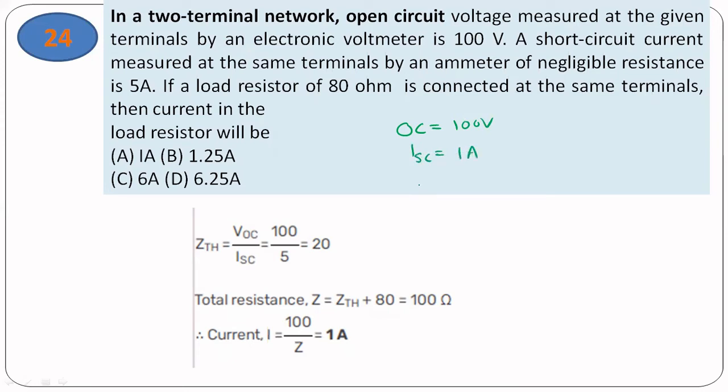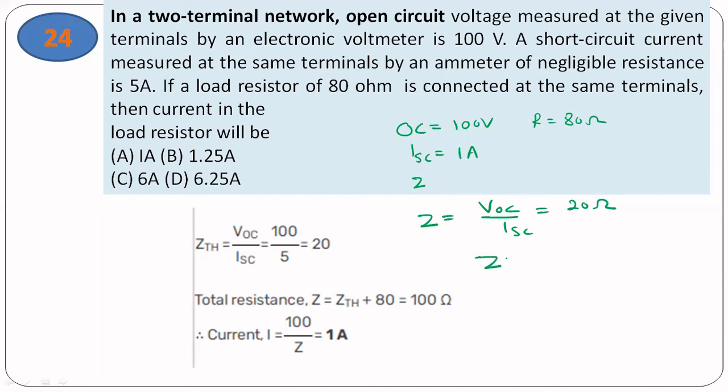If the load resistor is 80 ohms, then what is the current in the load resistor? So we have to calculate the current in the load resistor. Now, first of all, we can calculate the impedance of the circuit as open circuit voltage divided by short circuit current, which will be 20 ohms.